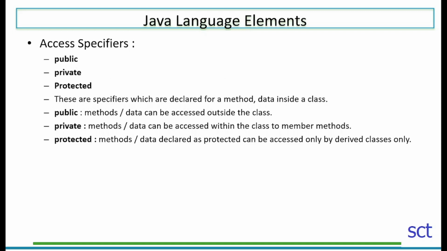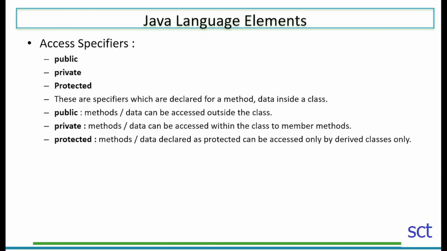Next, we'll introduce something called public, something called an access specifier. There are three access specifiers, which are public, private and protected. Any member or any method or any data which is declared as public is accessible outside the class with an object. Any method or data which is declared as private is accessed within the class, but it is not accessible outside the class.